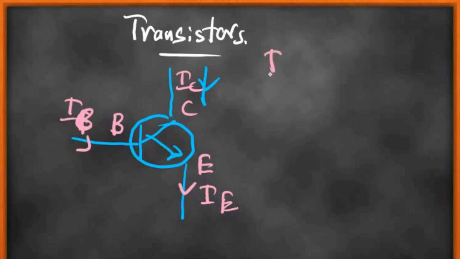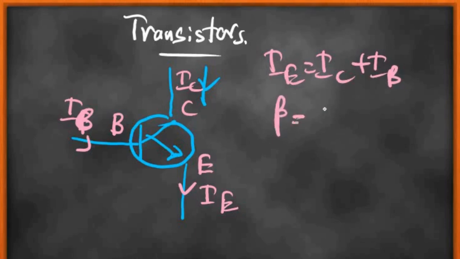So IE is equal to IC plus IB, you should know that, and beta, the current gain, is equal to IC divided by IB. The method I am drawing here is called the common emitter configuration. We get lots of questions on the common emitter configuration. These are the 2 things you should know.